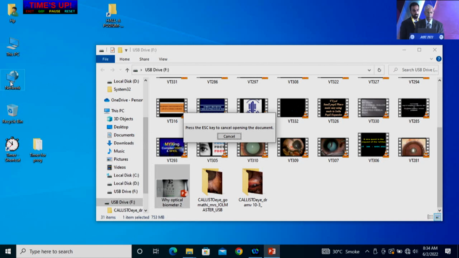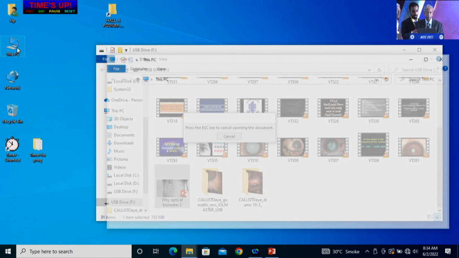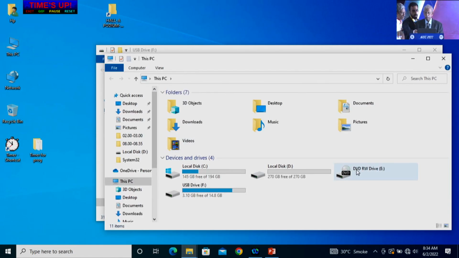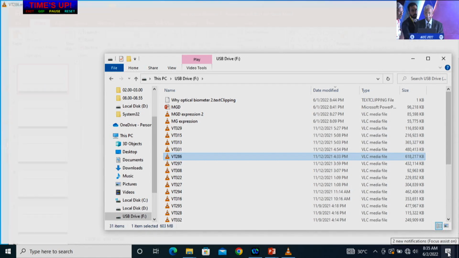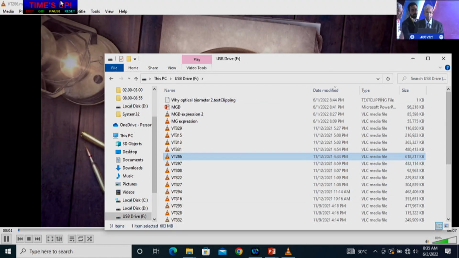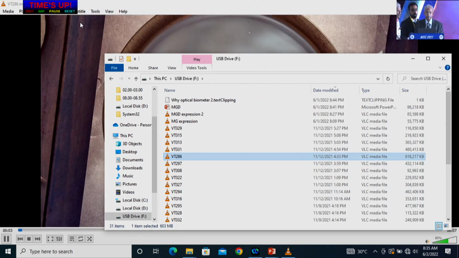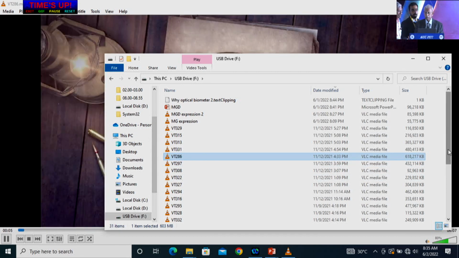Computer. Scroll down again. Yeah, okay. It's playing something else.